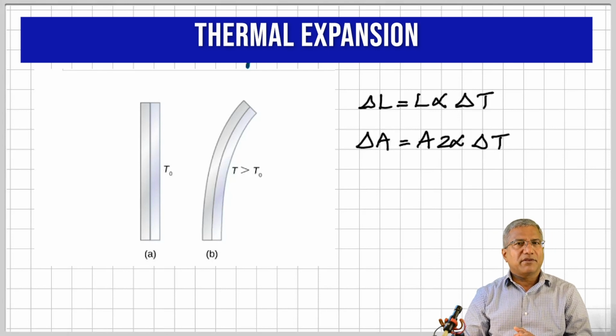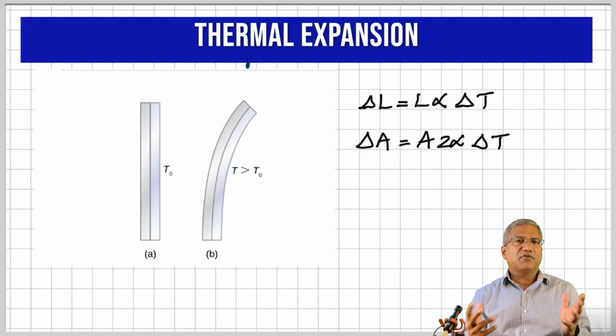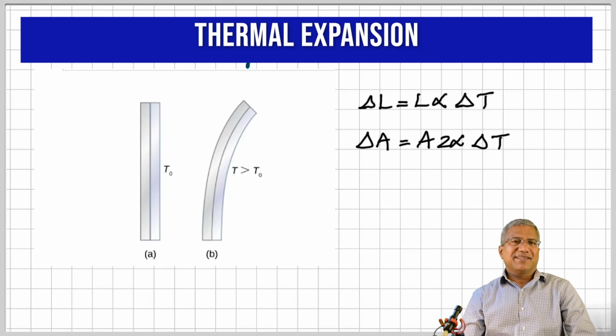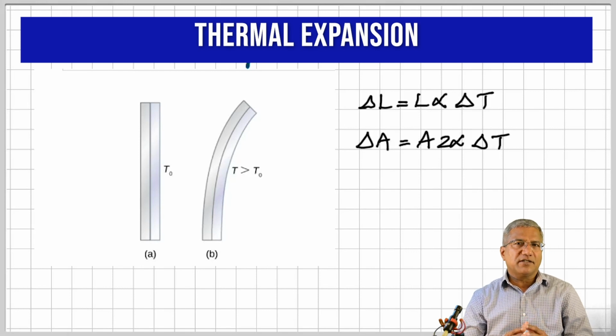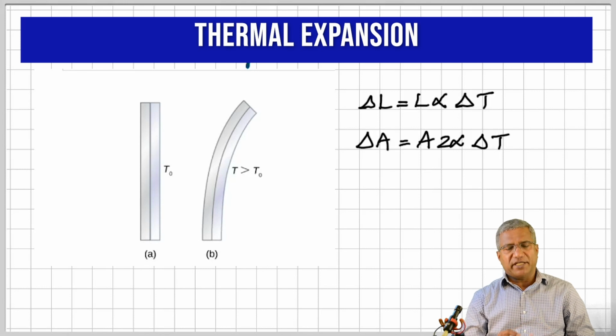Okay. On the other hand, if it's the volume that you're looking for, the change in volume, like you have a cube, you have a metal cube, and change in volume is what's related to liquids and gases, because there is no meaning in saying that the length of a liquid or length of a gas increased, right? So this final formula for the change in volume is very important.